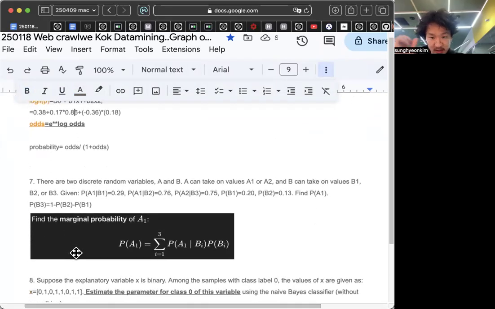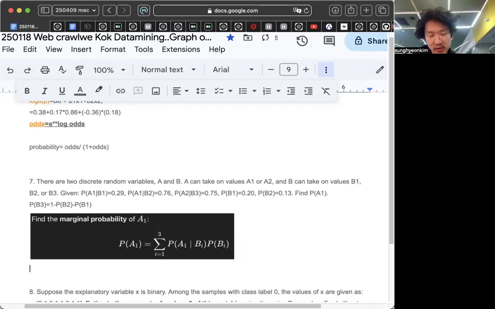For problem 7, it was using the marginal probability of P(A), P(A_i) multiplied by P(B given A_i). But in this case we can find P(A3), so I used 1 minus P(A1) minus P(A2) equals P(A3). We used the law of total probability.